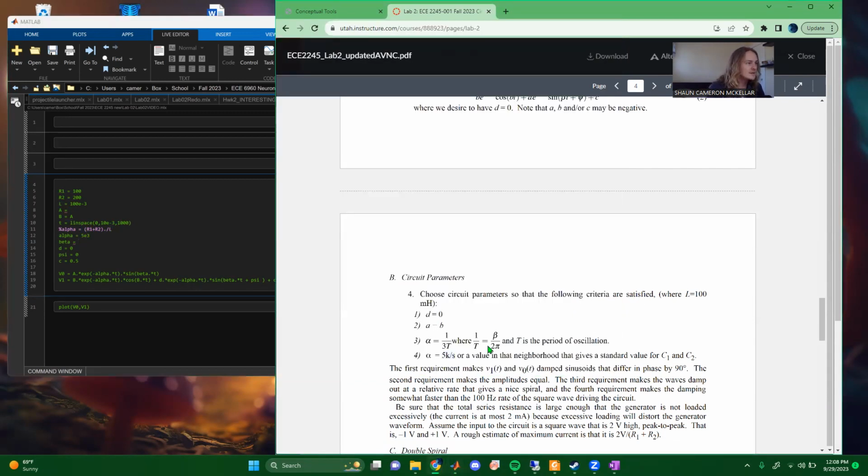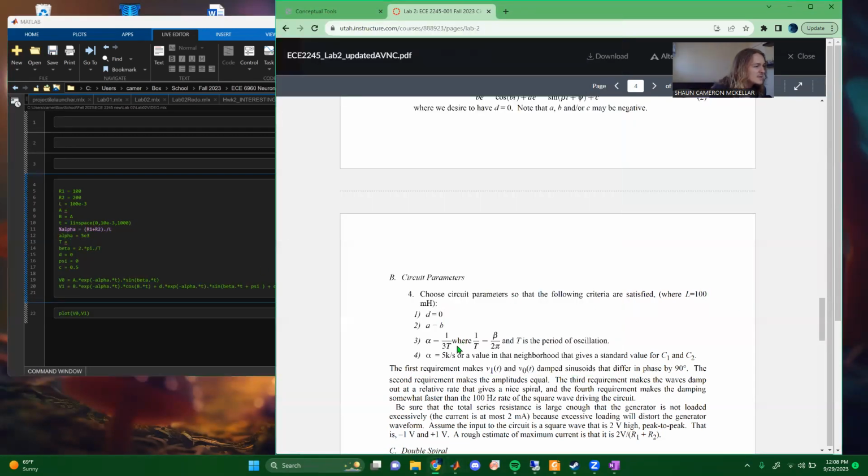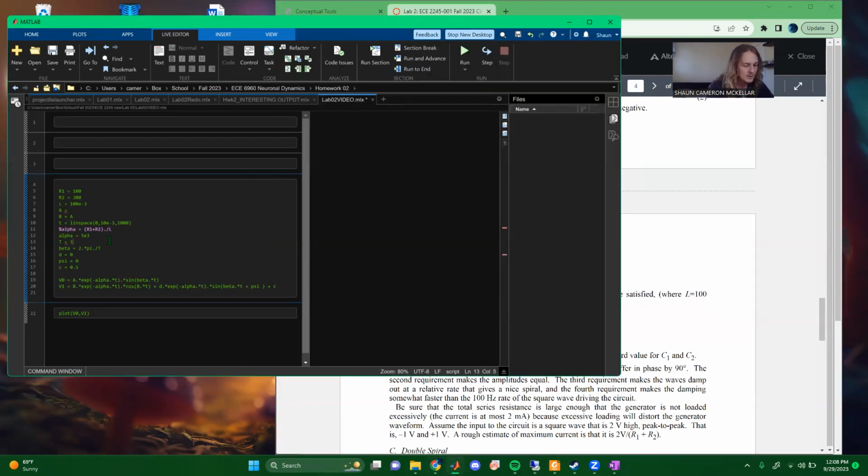Well, here I can see that beta equals 2 pi over T. So I'll pen that in. 2 dot times pi dot over the period. And what is the period equal to? Capital T is equal to 1 over 3 alpha. So 1 dot over 3 dot times alpha.